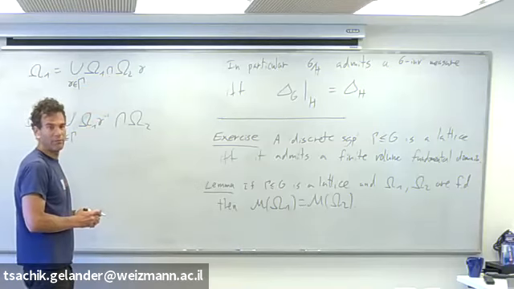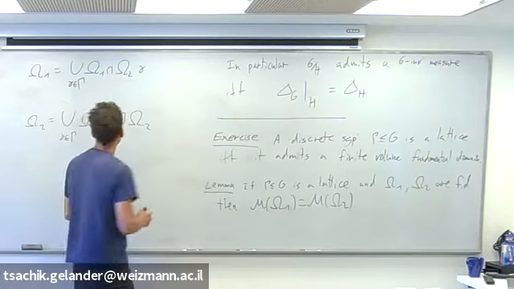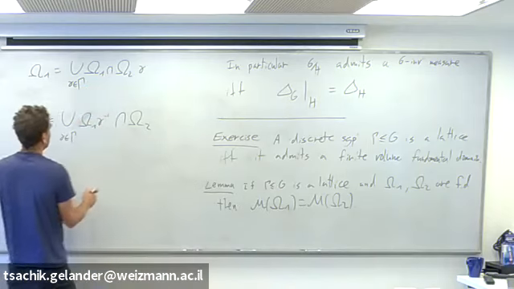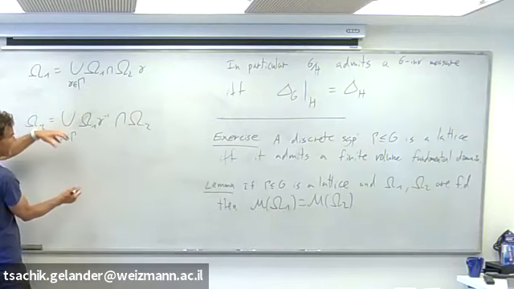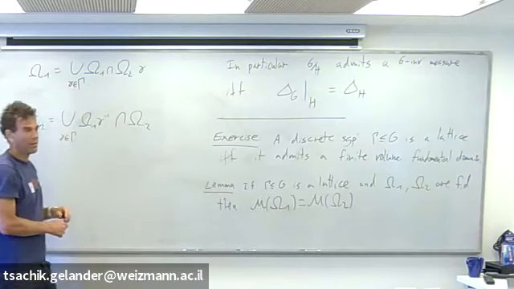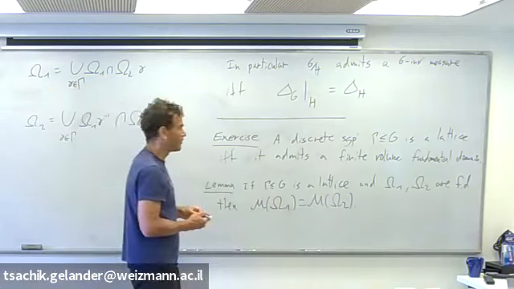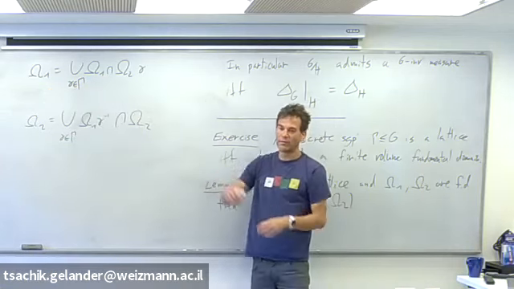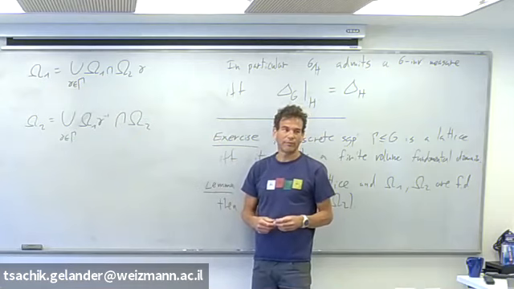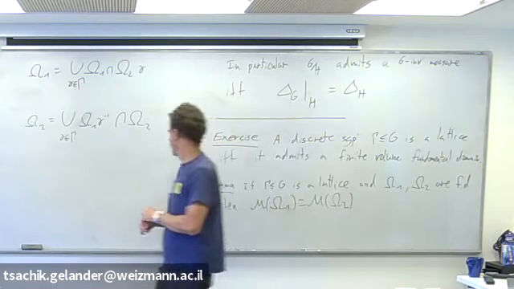So you see that they are the same. That's it. I take the first fundamental domain, I write it as a countable union or a finite union of these sets, and then move them.